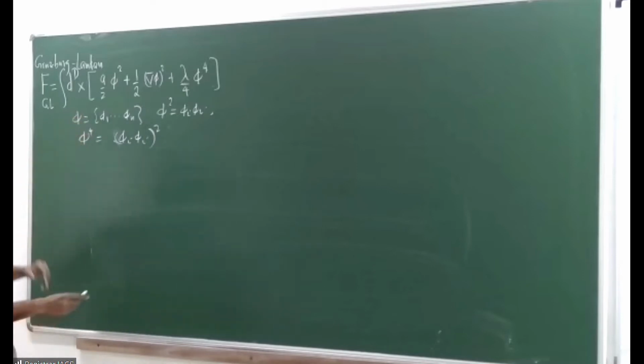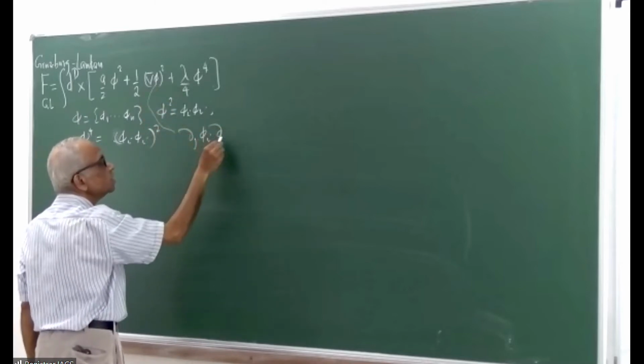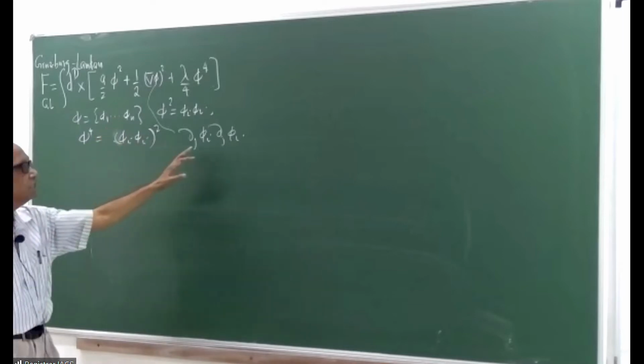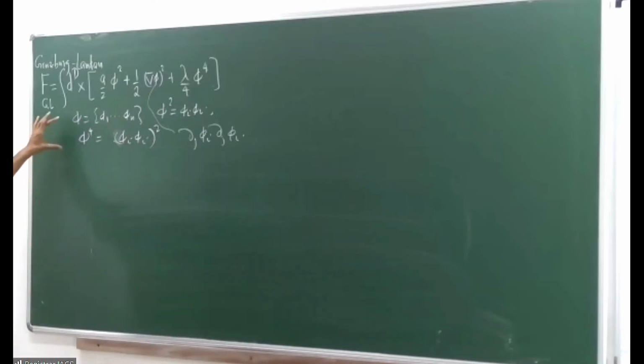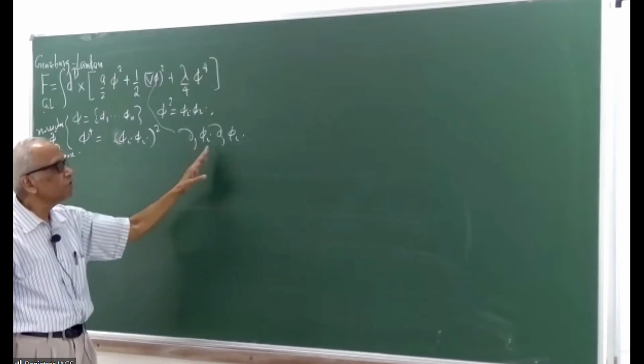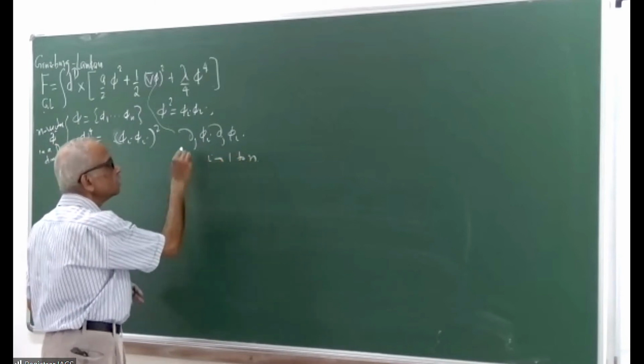And the grad phi squared is this term over here, del_j phi_i del_j phi_i. So that's the scalar coming from the gradient of phi. If it is an n-vector phi in a d-dimensional space, then the j over here runs from 1 to d, the i runs from 1 to n.